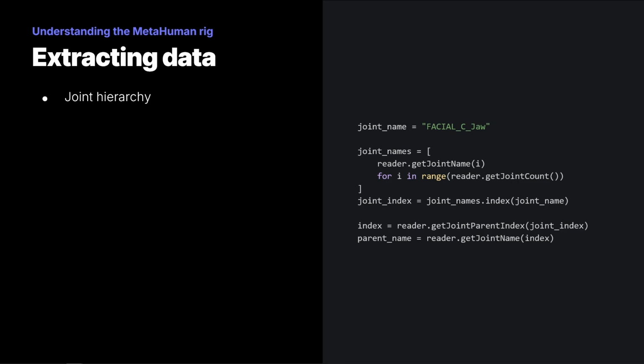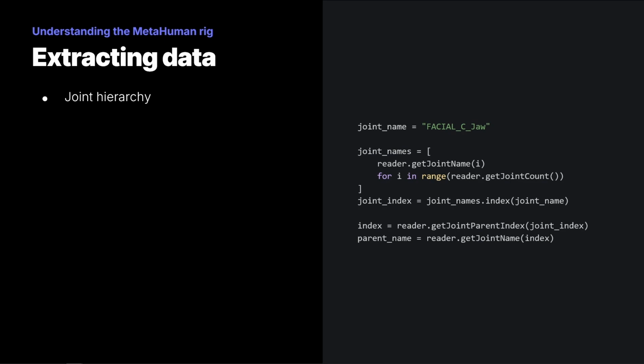So in this example, I'm using a pattern which is going to be repeated in all other examples. You can extract the names of elements of the DNA file by iterating over their count and then grabbing the name for each index. That is what I use to find the index of the facial C jaw joint.